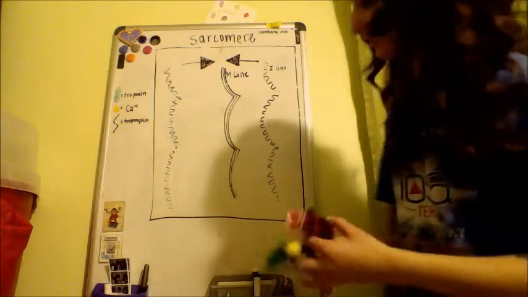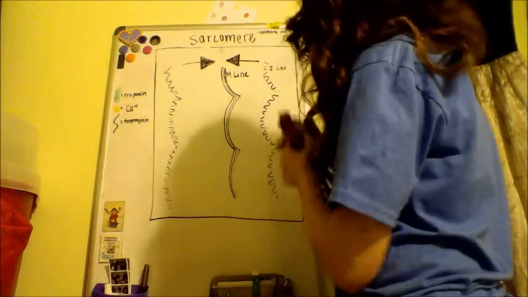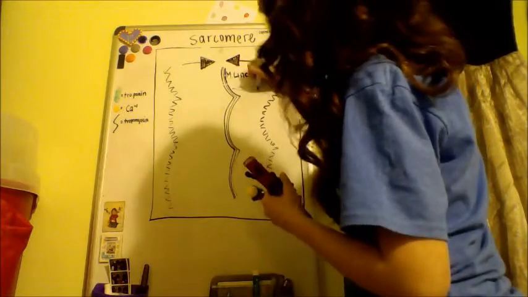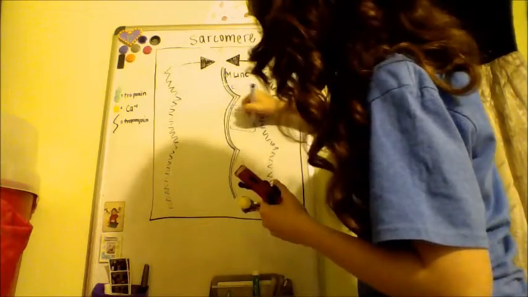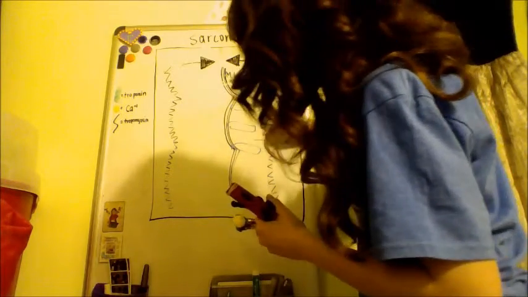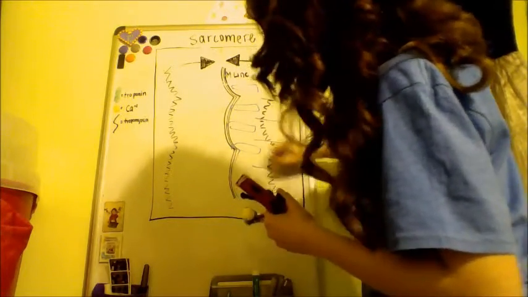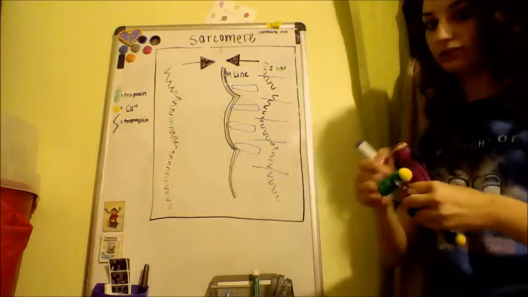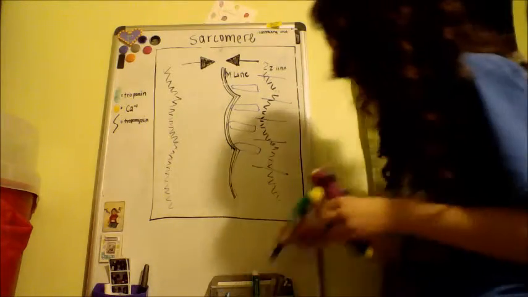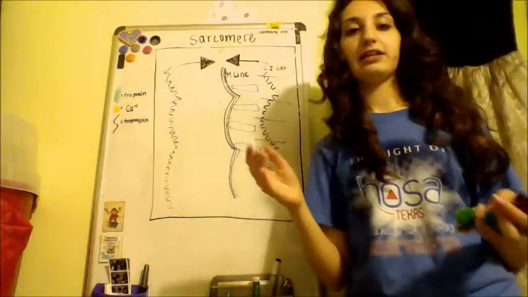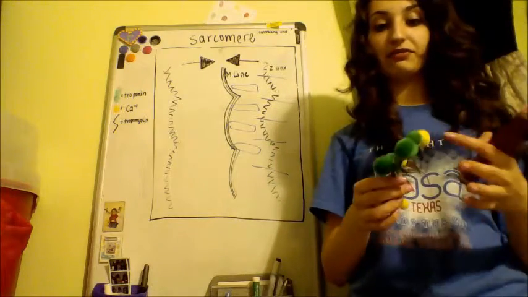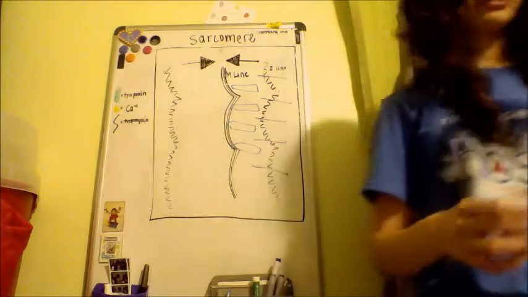So we have thick attached to M, and then we have thin attached to the Z, and it continues like that. And that is what makes up the striated content of skeletal muscle.